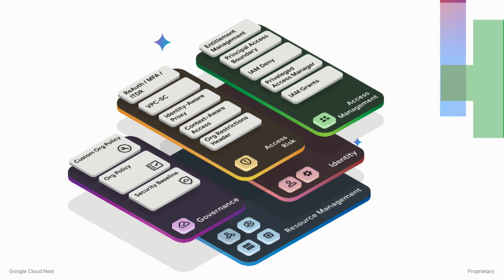Once a session is logged in, you still need to keep tracking that session from a risk point of view. Is it an atypical activity that you're starting to detect? And our products from an access risk point of view allow you to do that. This includes products like VPC service controls. It includes identity-aware proxy, context-aware access, but also includes new investments in MFA, reauthentication, and ITDR built directly into IAM.